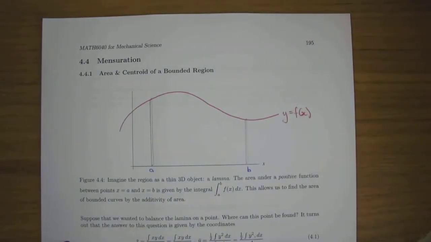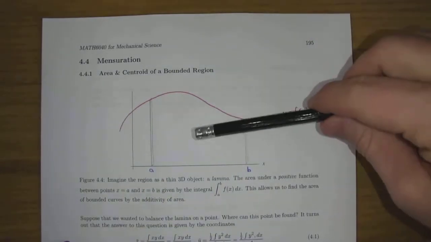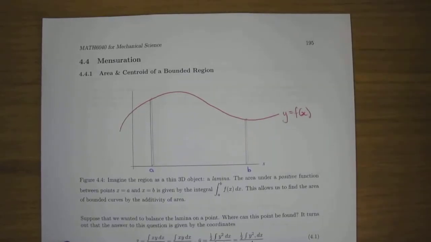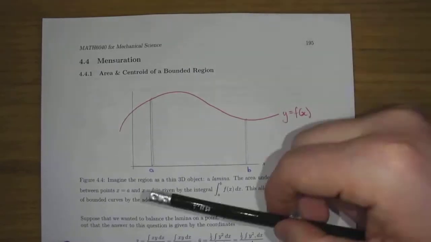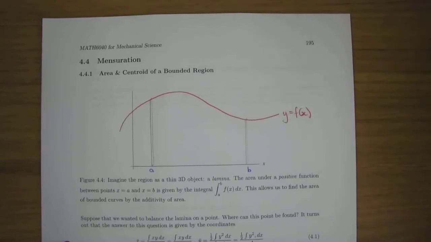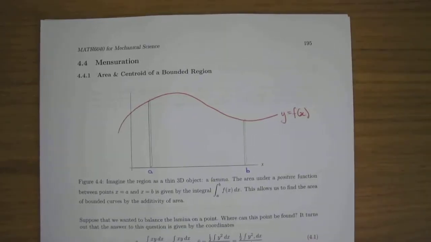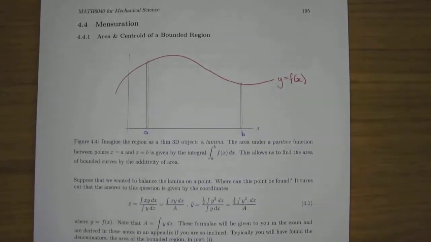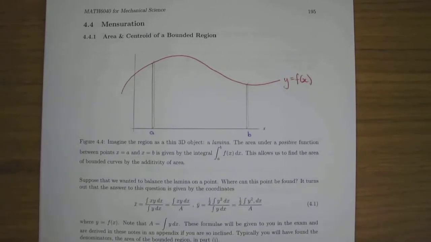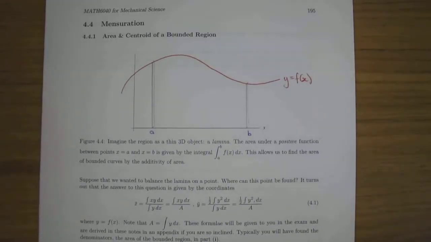The first thing which we should know by now is that the area is given by the integral from a to b, and the next question that we're looking at here is what are the coordinates of the centroid. Now I think I'm making some assumptions here.